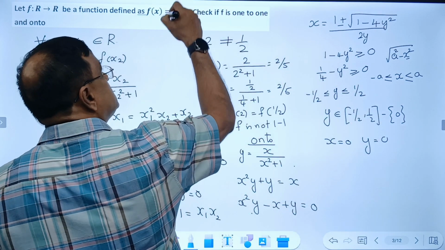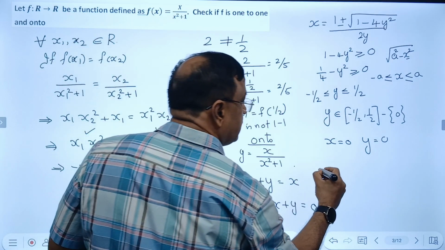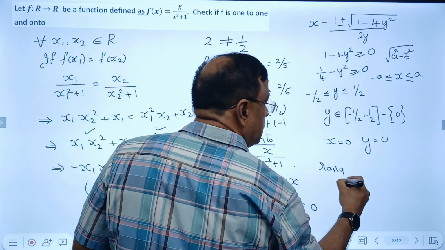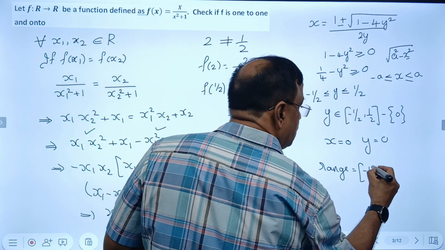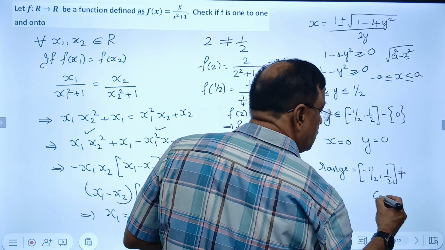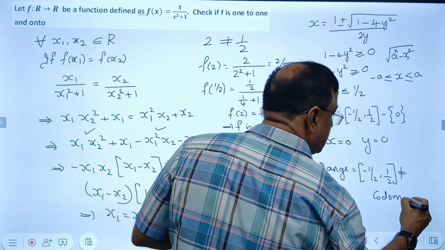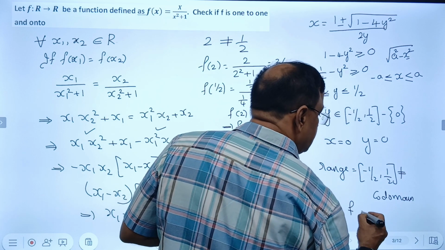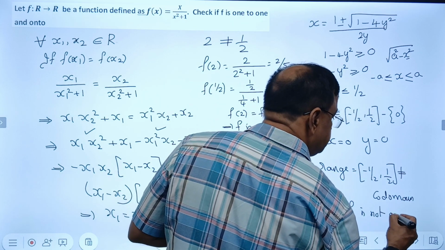When you put x is 0, y is 0. So my range is minus 1 by 2 comma plus 1 by 2, which is not equal to codomain. Therefore, f is not onto.